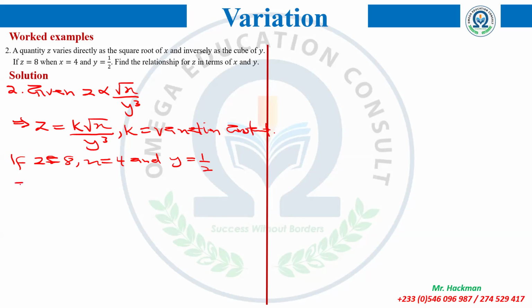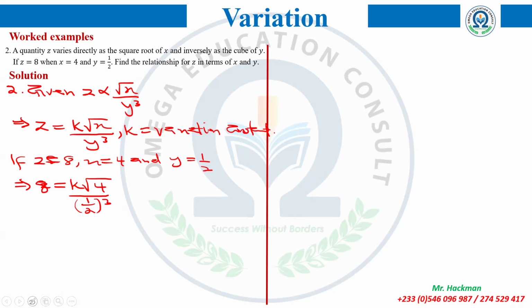So now this implies that z, which is 8, will be equal to k, which I don't know, times root of x, which is 4, all over y cubed, where y is 1 over 2, so it will be (1 over 2) cubed. Is that clear?